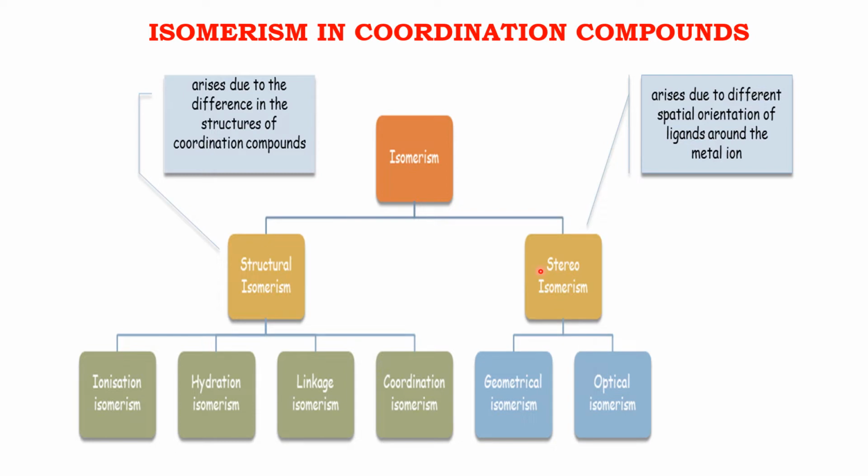Stereoisomerism is again classified into two: geometrical isomerism and optical isomerism. In structural isomerism, the metal ligand bonding will be different, while in stereoisomerism, the metal ligand bonding remains the same, but their spatial arrangement is different.